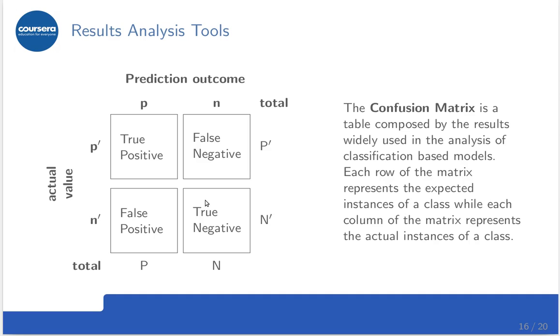To analyze the results, I use the confusion matrix. It is a table of results widely used in the analysis of classification-based models. Each row of the matrix represents the expected instance of the class, while each column represents the predicted instance of the classes. The true positive and true negative values are very important to analyze in the confusion matrix.